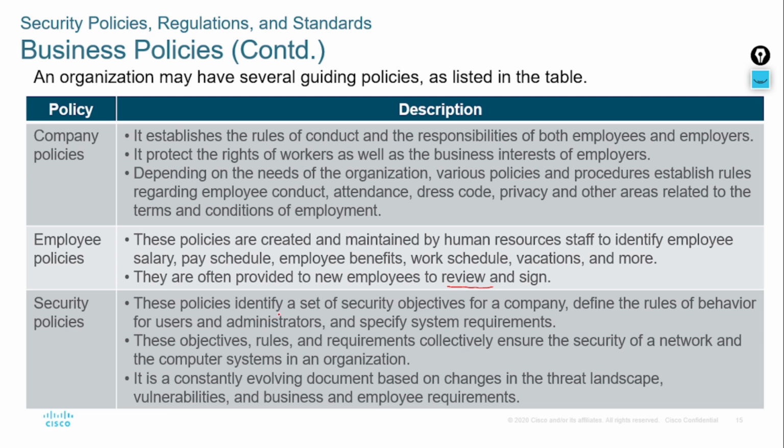And then we have security policies, and this will identify a set of security objectives for a company, will define the rules of behavior for users and administrators, and will also specify system requirements. They'll collectively ensure the security of networks and computer systems in an organization.